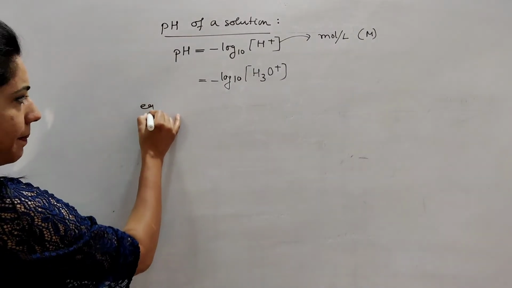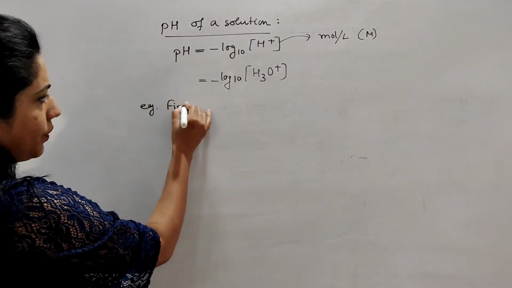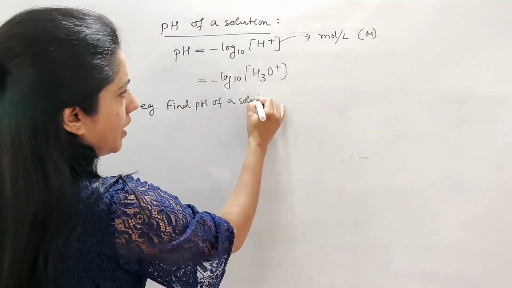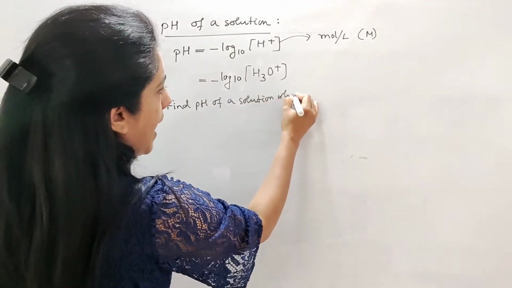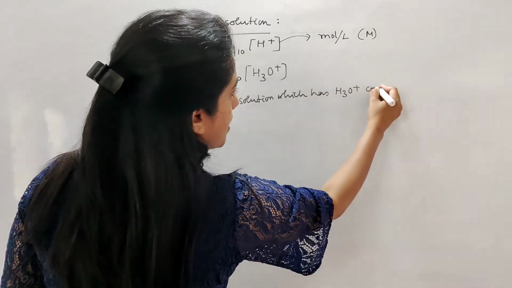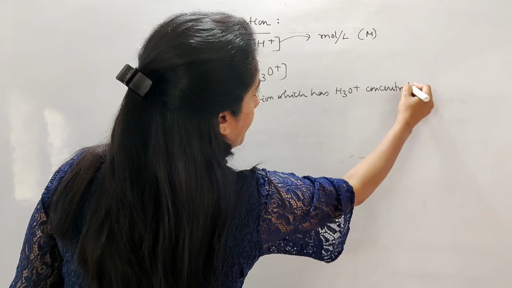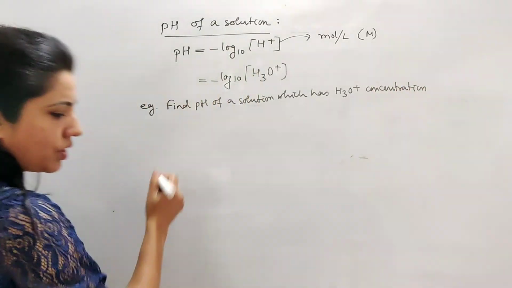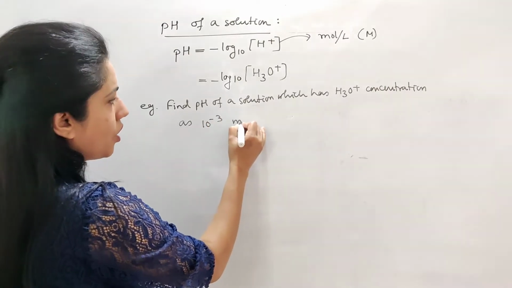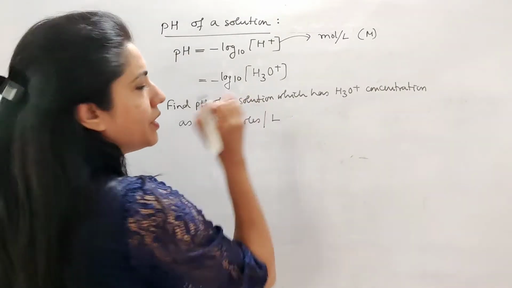Now, let us take an example. Suppose they ask you to find the pH of a solution which has H3O plus concentration as 10 raised to power minus 3 moles per liter.